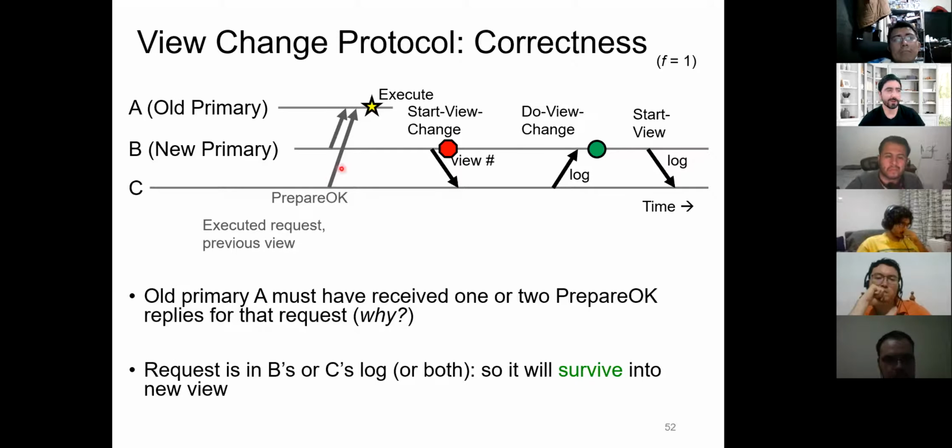So the idea is, when we switch the views, by the condition that we said, one of the other replicas has the latest state, at least. So all the operations will survive to the new view. No operation will be missing, because if A executes this and fails, we know that at least one of B or C has this operation, because A couldn't execute this without receiving at least 1 acknowledgement.